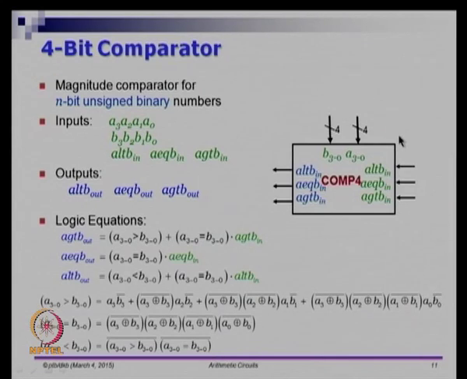Exactly one of these output bits will be on. Let us assume that these 3 are extra inputs that we have taken in, and let us ignore them just for a while. So, if I want to check whether A is greater than B, then either A30 should be greater than B30, or A30 is equal to B30, and otherwise from the input A is greater than B. So, I am designing a 4-bit comparator for a slice.